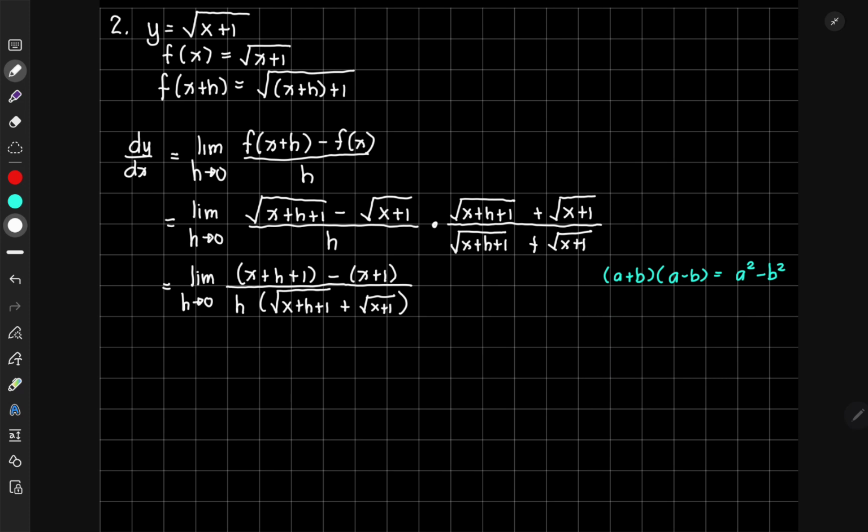So makikita natin dito that yung x natin will cancel out kasi x minus x siya. And then we have 1 minus 1. So yung matitira sa numerator would be h. So dito sa baba would be h multiplied by square root of x plus h plus 1 plus the square root of x plus 1.